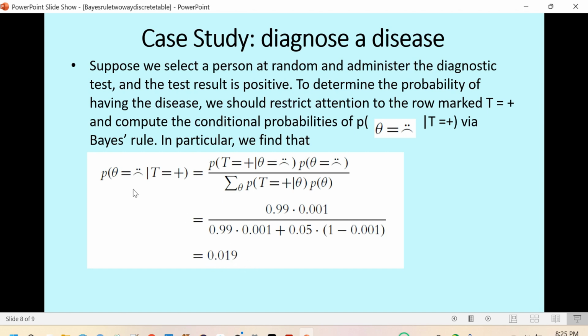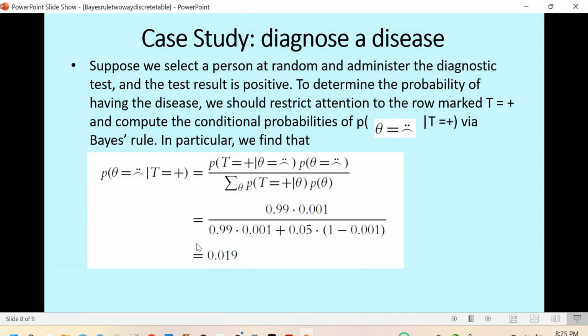So although the prior probability of a person having disease is 0.001 and the hit rate, where the person has disease and the test result is positive, is 0.99, now we get a person tested positive, but actually this person's probability of having a disease is only about 2%.